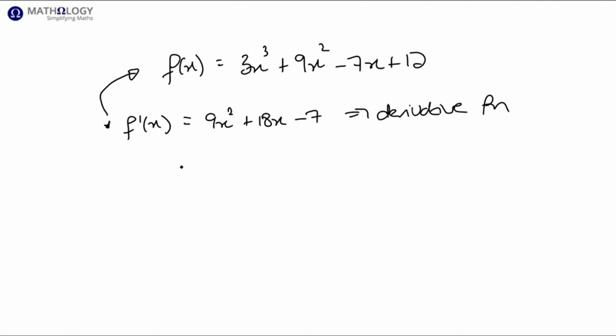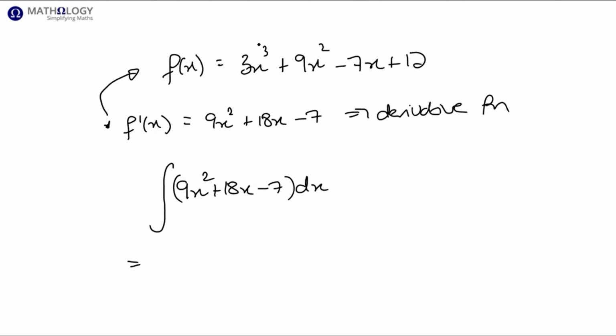So we're going to be integrating 9x squared plus 18x minus 7 with respect to the variable which is x. And we integrate each term separately as if it was a term on its own.